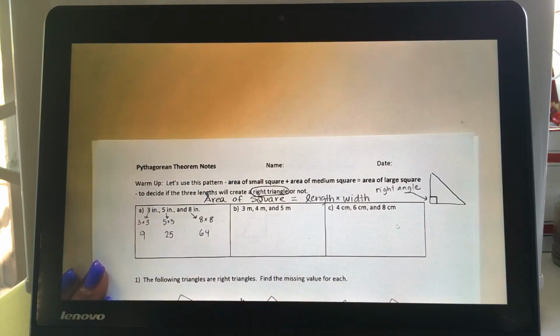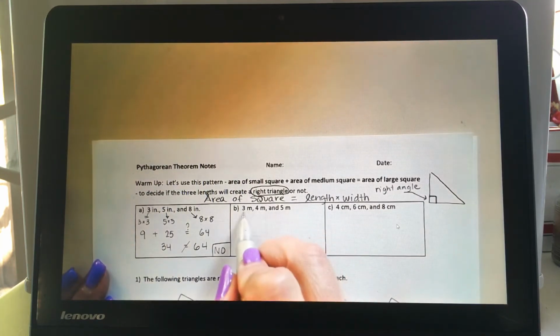So again, the question is, if we take the smaller square and add it to the medium square, does it give us the same amount as the larger square? So we can see in this case, 34 does not equal 64. So in this case, this is an answer of no. These three sides do not make a right triangle.